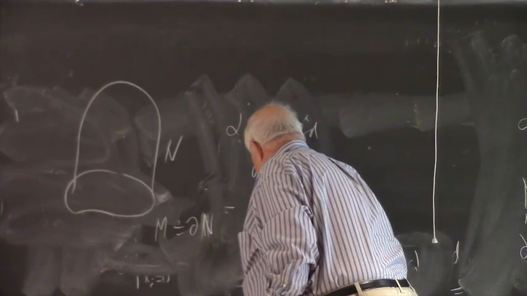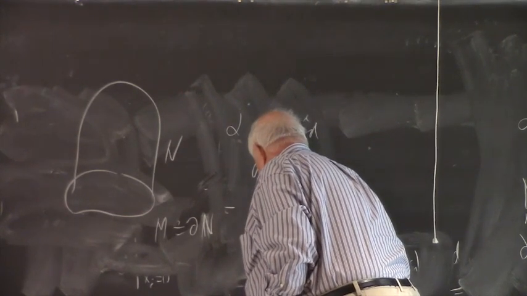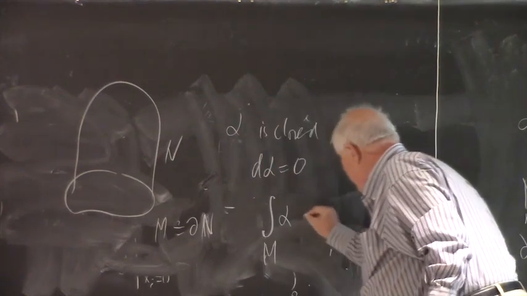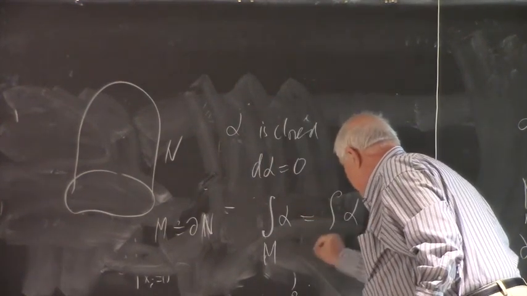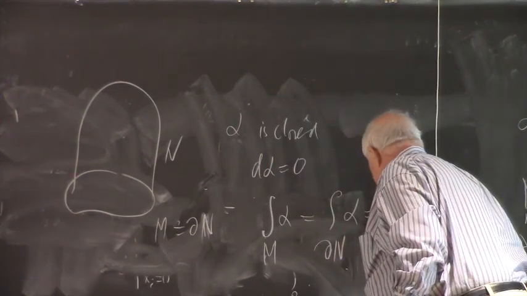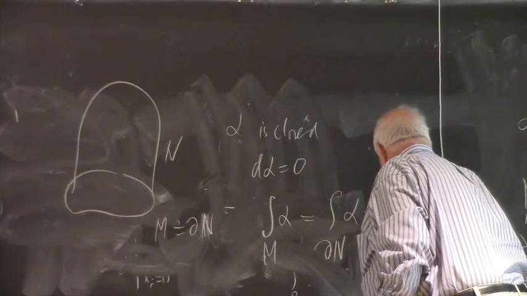Then the integral of alpha over M, that is the integral of alpha over ∂Ω, is the integral over Ω of dα, and it is 0 because dα is 0.